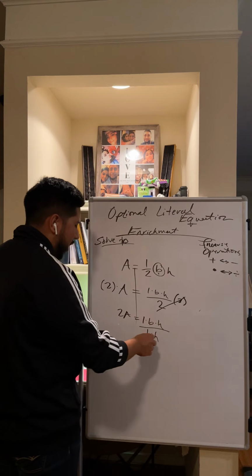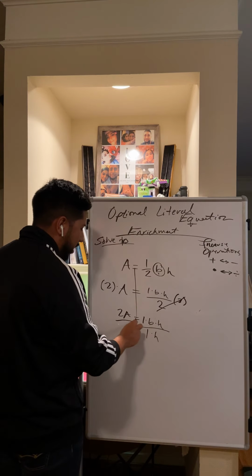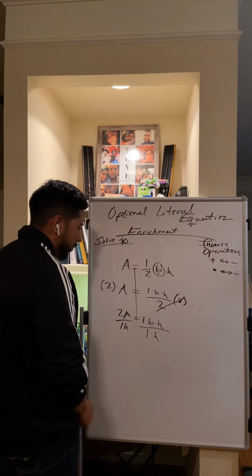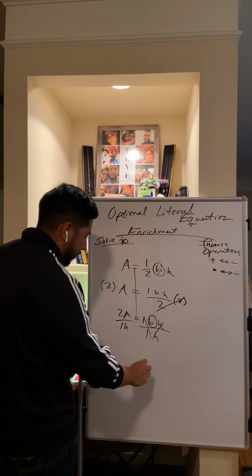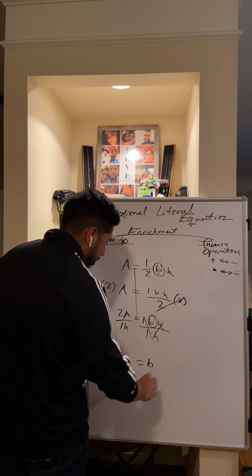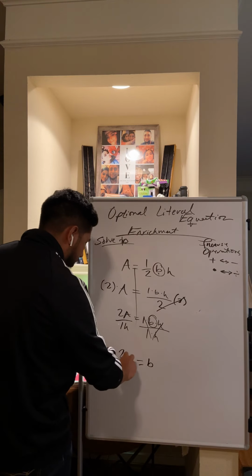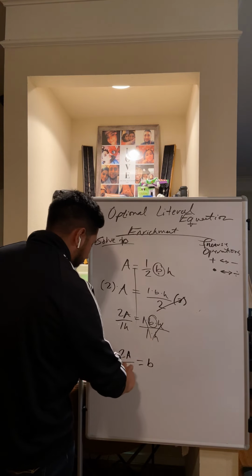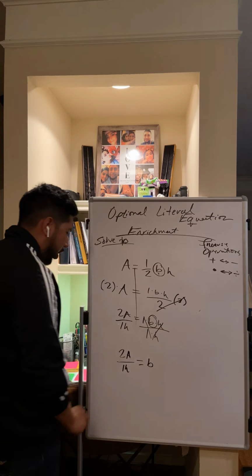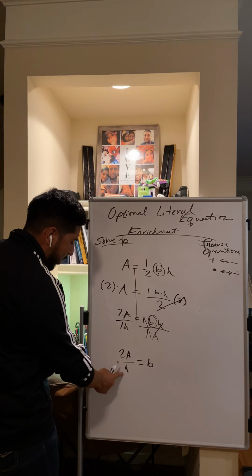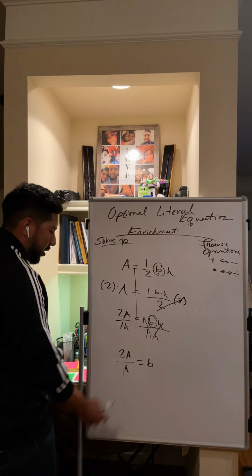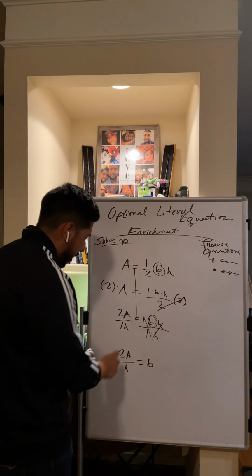But because I divide by 1 and h over here, I need to do it over here also. These cross out. B is finally by itself. B equals 2a over 1h. And in actuality, because 1 is right there, I don't need it. Usually you should already know what's in front of that h. Oh, 1.